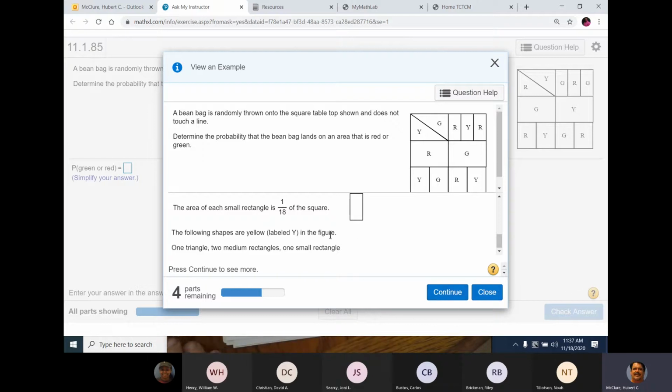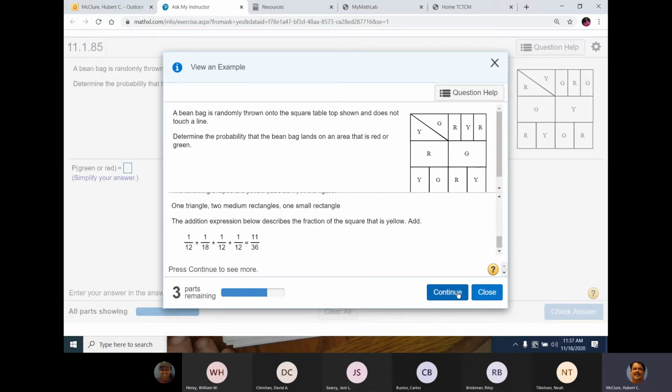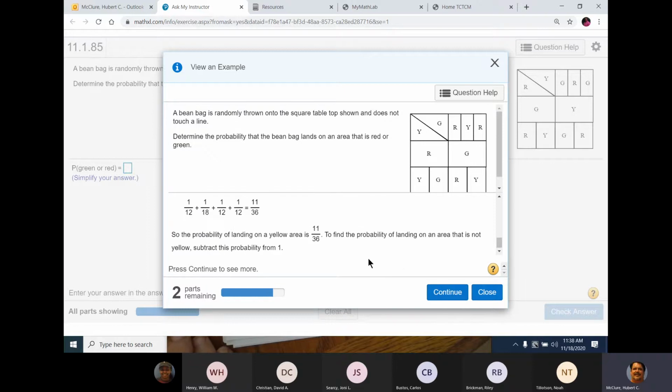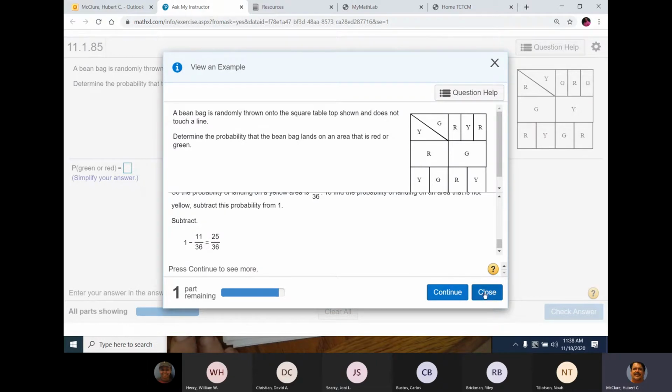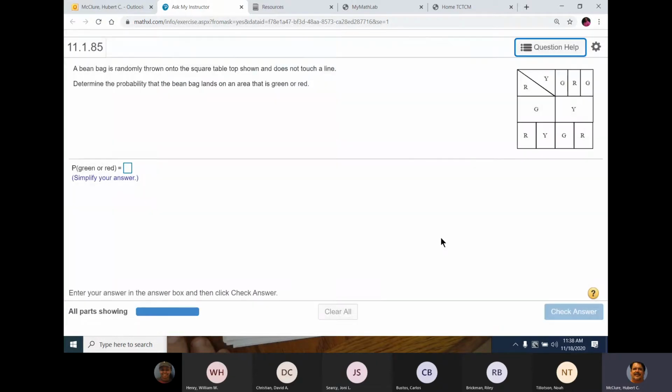Looks like I've got the common denominator, but they're coming up with 18 as a common denominator. Yeah, they're coming up with something different. So I'm doing it right. I've got something different than they've got. I should have the same answer.